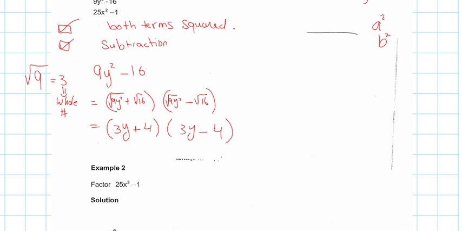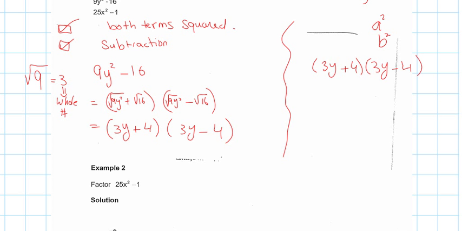So if I want to check, and you don't have to do that often, right? You just do it if you're not feeling that your answer is correct, or you want to make sure that your answer is right. Or you can do it every time, sure, why not, if you have lots of time on your hands. Okay, if I want to check, what do I do? FOIL, right?